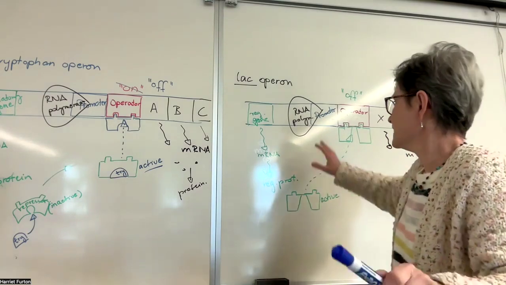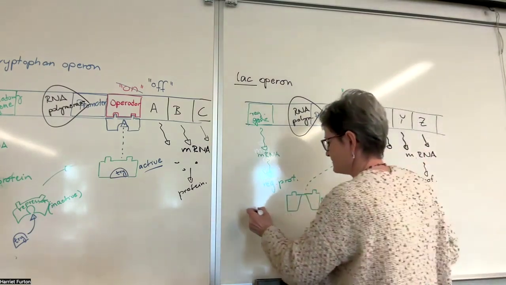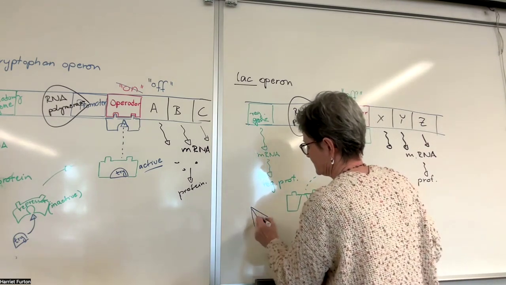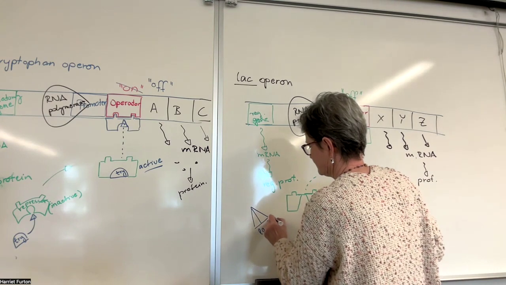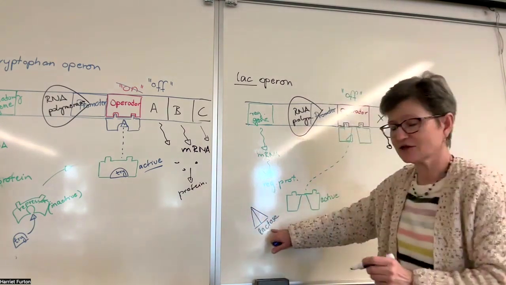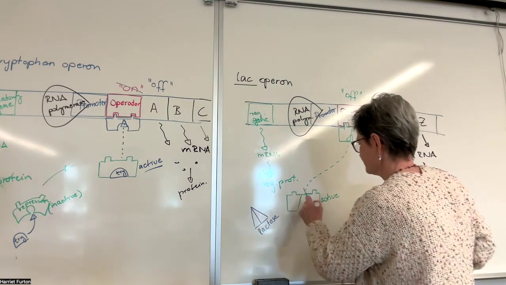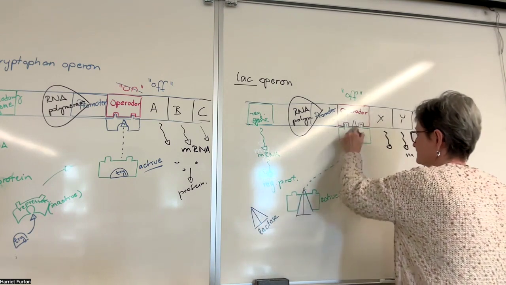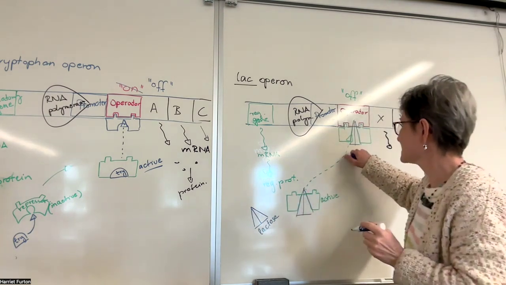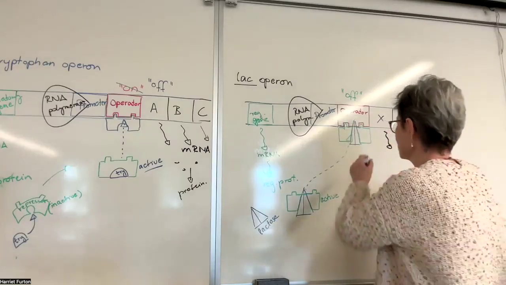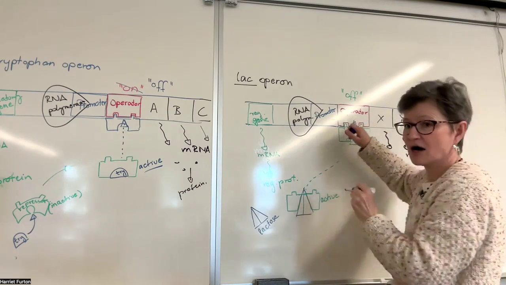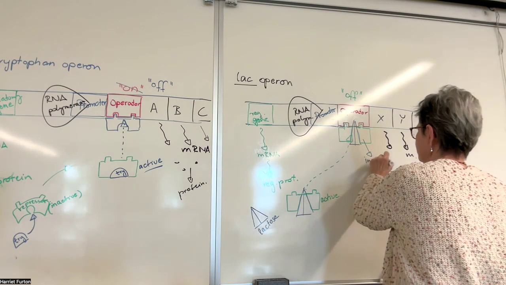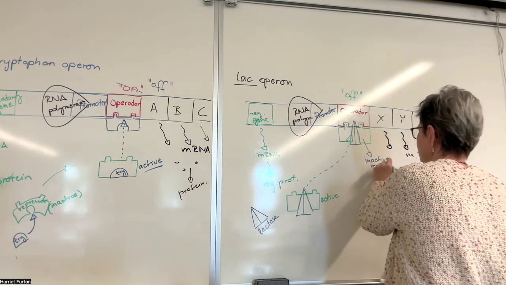Now, when we have lactose coming in, this will be a triangle, that is the lactose. This lactose can sit here or can sit here and makes this regulatory protein leave the operator region. So it's going to be an inactive regulatory protein.